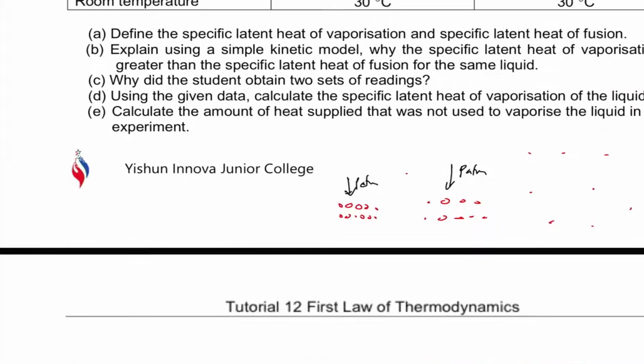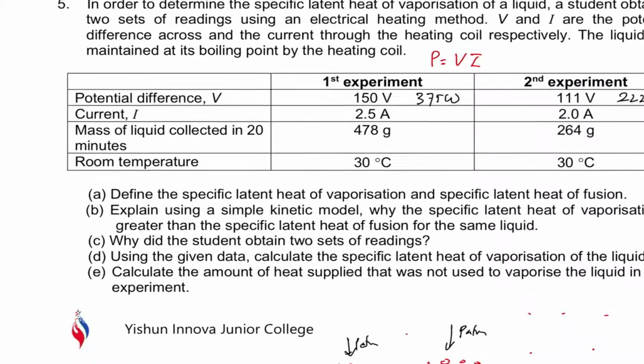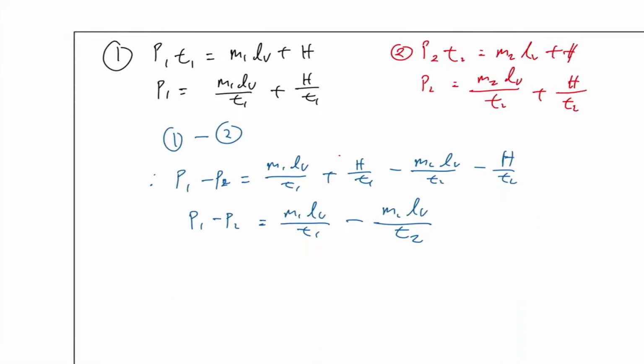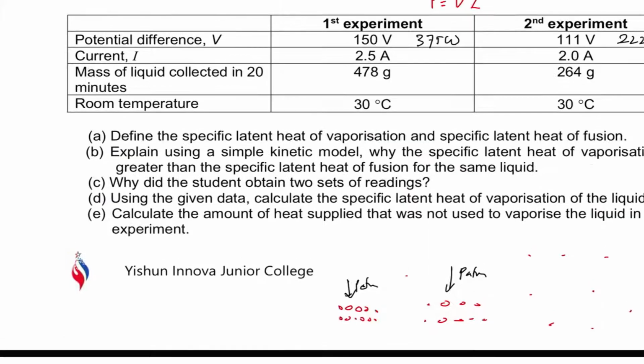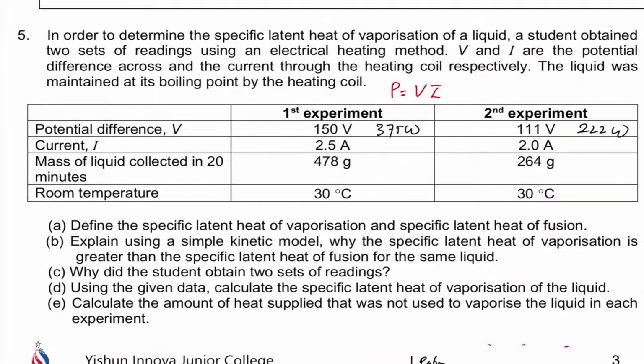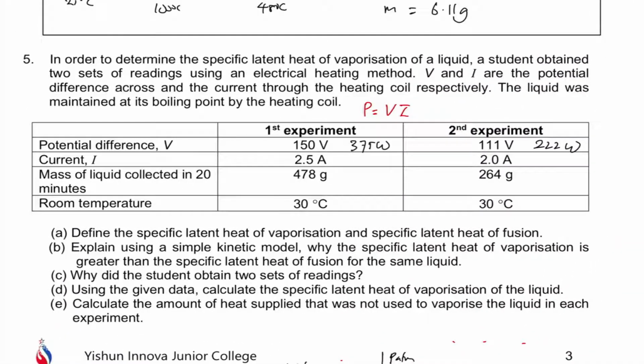P1 is 150, 2.5, and P2 is 110, 2.0. So this will be 150 times 2.5 minus 111 times 2.0 equals, do we have the masses? We have the masses, and do we have the timing? We have the timing.